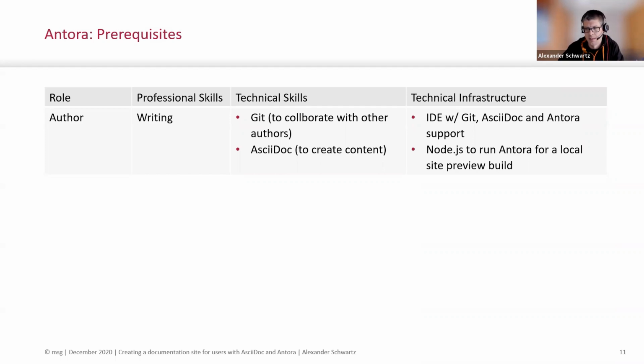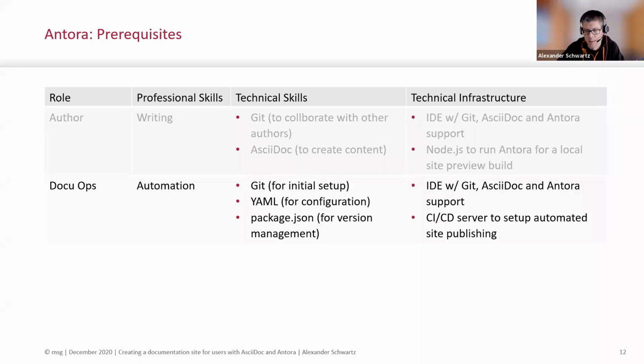And from a technical infrastructure, they would need an IDE with Git support, AsciiDoc and Antora support, plus maybe Node.js installed to run Antora for a local site preview build. You can put it into a Docker container if you want to, but that's a choice that you have. Plain Node.js works quite well.